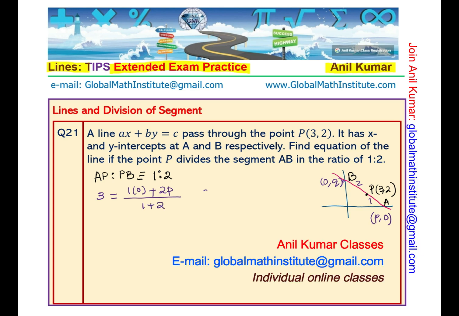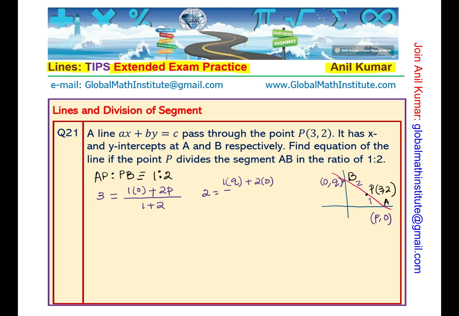The y value 2 will be 1 multiplied by q, plus 2 multiplied by the y value of A, which is 0, divided by 1 plus 2. Now, this formula which I have used is the section formula. You could also do it by similar triangles or some other ways.